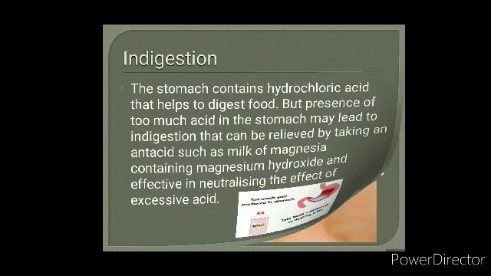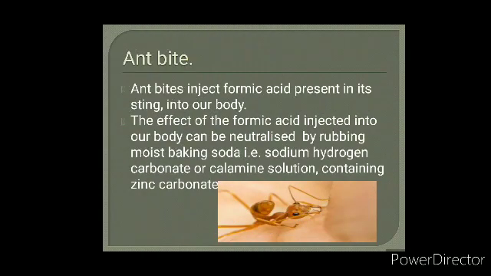Next, where is neutralisation used? Ant bite. An ant bite injects which acid? An ant bite injects formic acid, an acidic liquid, into the skin. So, if an acid is injected into our body, then we need a base to neutralize its effect.